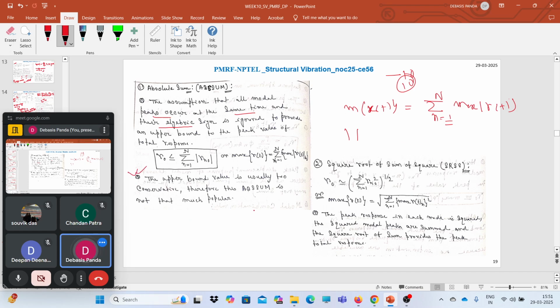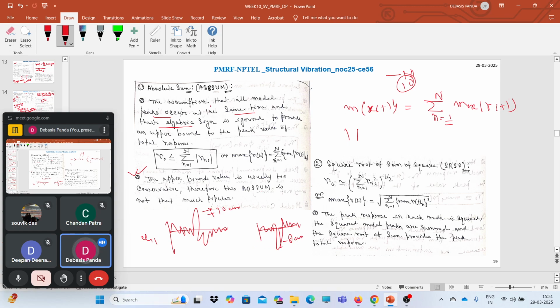That means we are adding them, but we are ignoring the algebraic sign. Maybe in the first mode, the maximum response occurs at, say, 10 centimeter positive. Now maybe in the second mode, the peak response can occur in the other direction, say minus 8 centimeter.